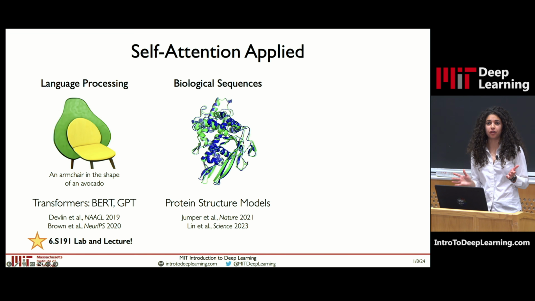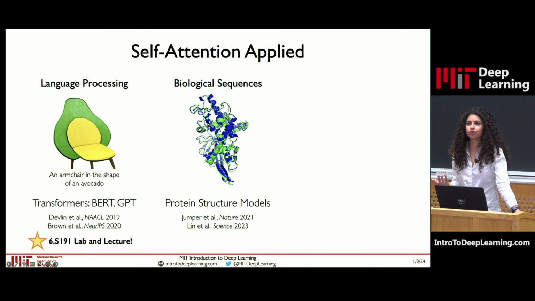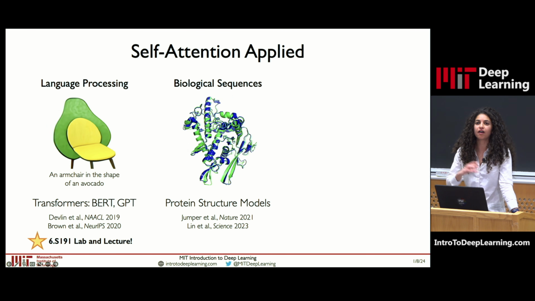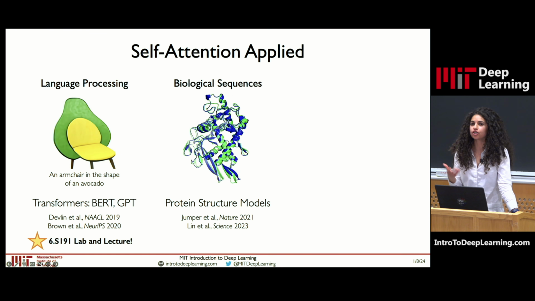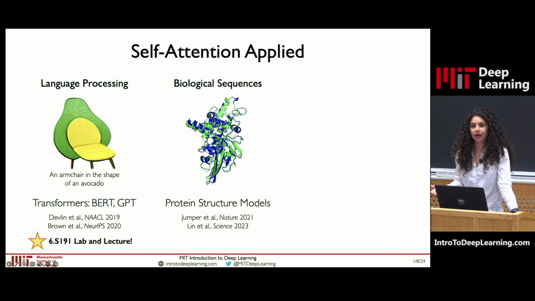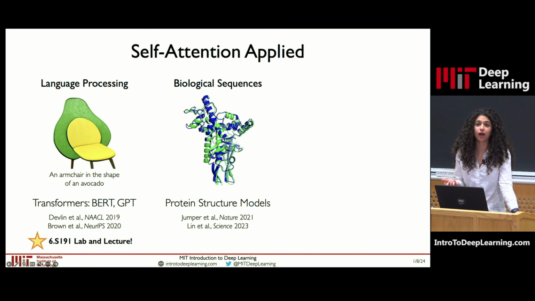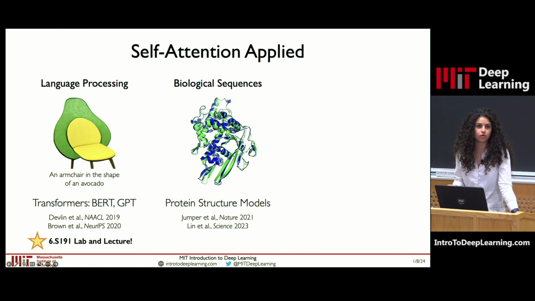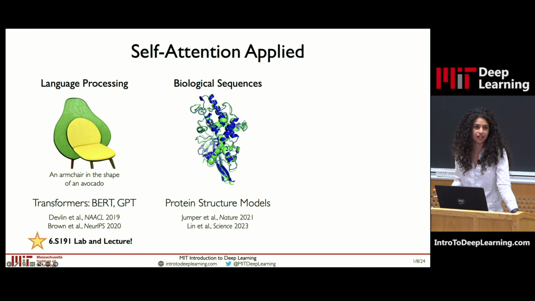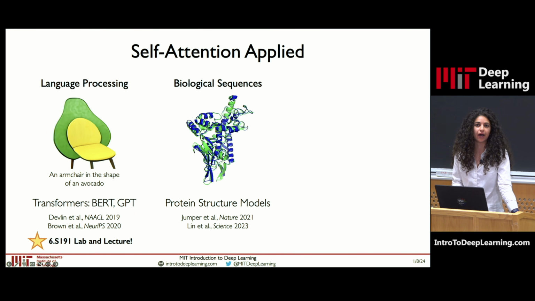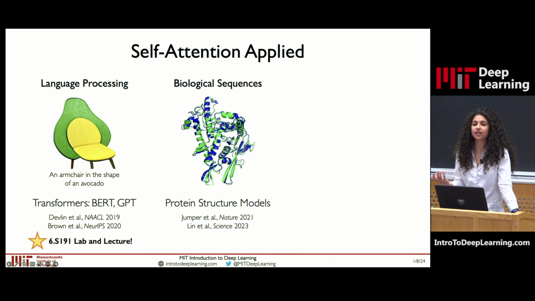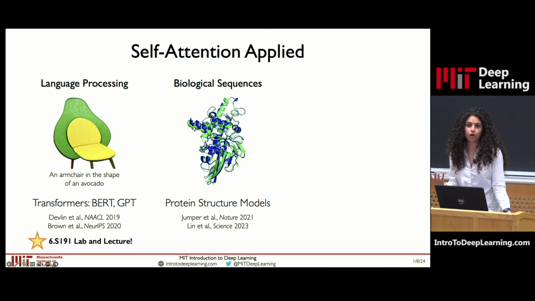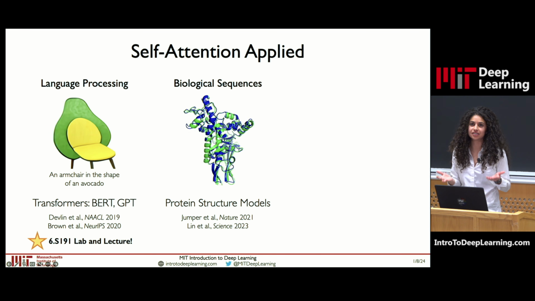It doesn't just stop there though. Because of this natural notion of what is language, what is sequence, the idea of attention and of a transformer extends far beyond just human text and written language. We can model sequences in biology like DNA or protein sequences using these same principles and these same structures of architectures to now reason about biology in a very complex way, to do things like accurately predict the three-dimensional shape of a protein based solely on sequence information.